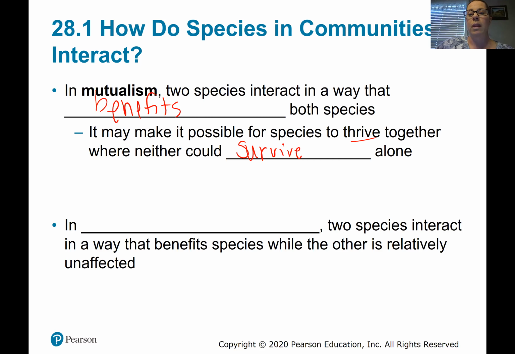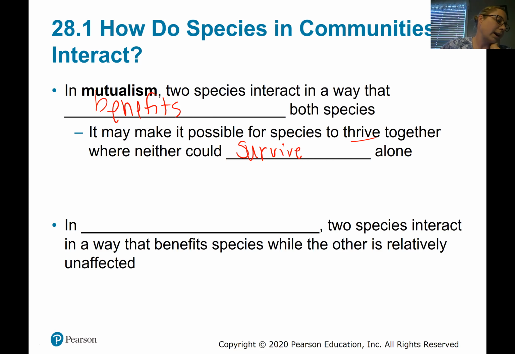Without that interaction, the cow or the deer would have a hard time really being able to obtain nutrients. And as a result, the cow is consuming the nutrients that feed those microbes, and the microbes release the energy that the cow needs. So it's a very important mutualistic relationship that maybe neither one of them would survive without each other.